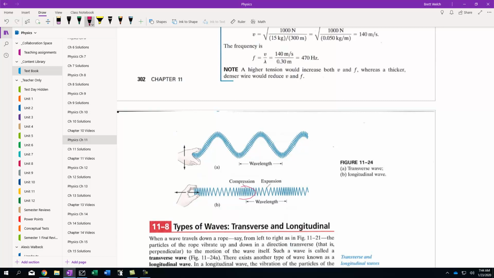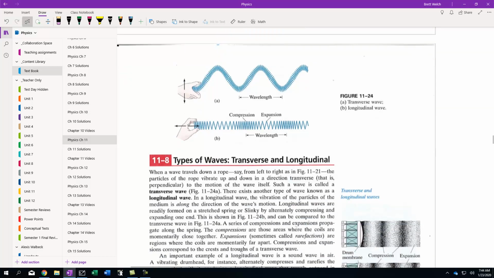You can see these spots of high density or high pressure, and you can see these spots where it's been spread out. If you were to map those out, high point, low point, high point, low point, you would still be able to find that sinusoidal or simple harmonic motion inside the wave. So they're both waves, and they both have similar characteristics. They're just, again, one is across the axis and one is along the axis.